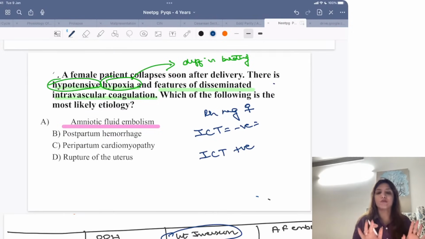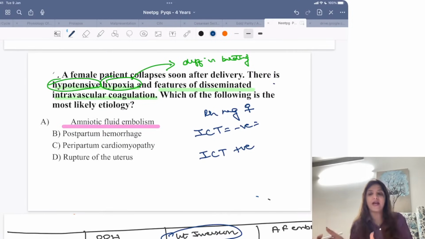That is what is meant by indirect Coombs test negative. So if indirect Coombs test is negative, I will do early cord clamping so that during this phase also, when the delivery is happening, fetal blood doesn't enter the mother's blood and it does not lead to production of antibodies against Rh antigen, right?